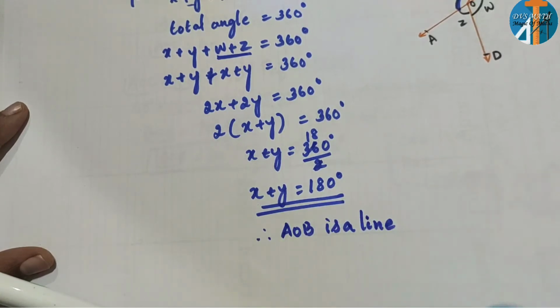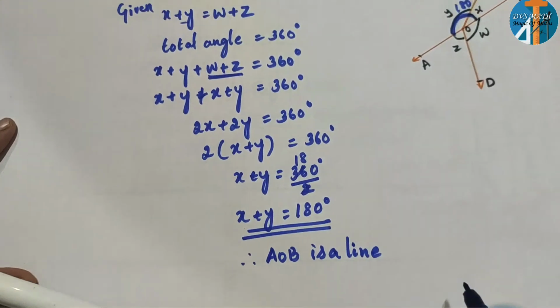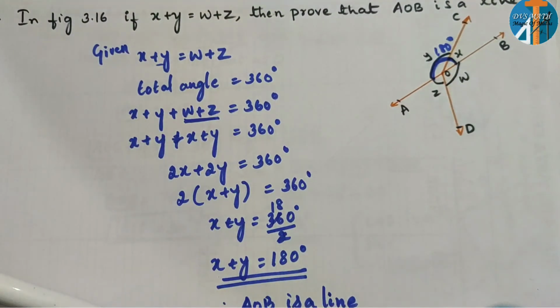AOB is a line. As you all know, when we talked about important points in our first session, introduction part, as I told you, if the sum of two adjacent angles is 180 degree, then the non-common arms of the angles form a line, right? So AOB is a line here, because these adjacent angles are equal to 180.